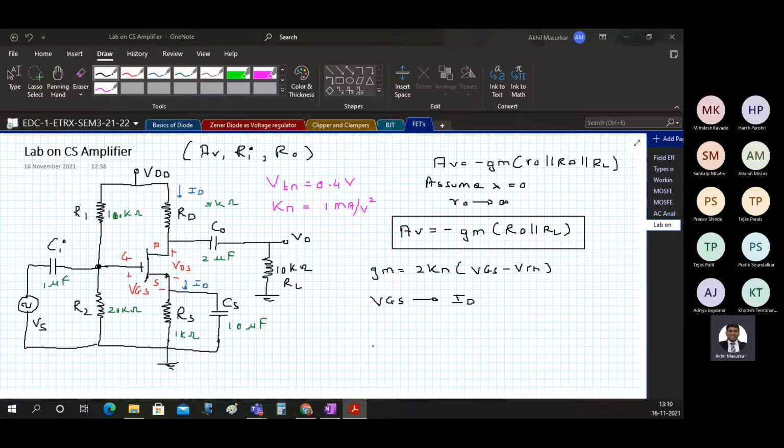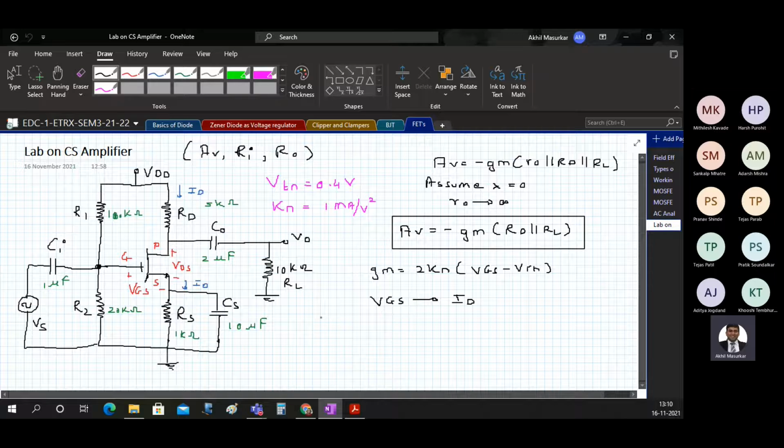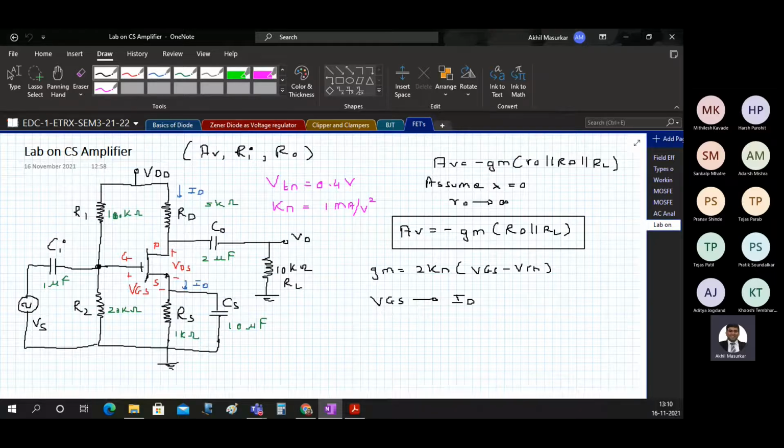So let's start with the solution. Yes, Kushi, Harsh, have you completed this circuit? Have you taken it down? Once done, write done in the chat box quickly.